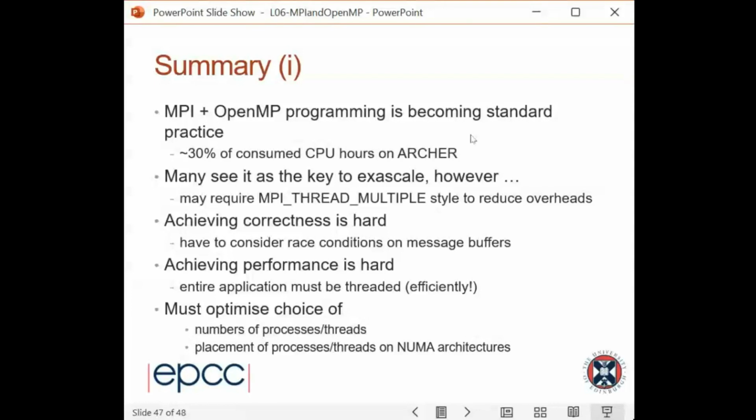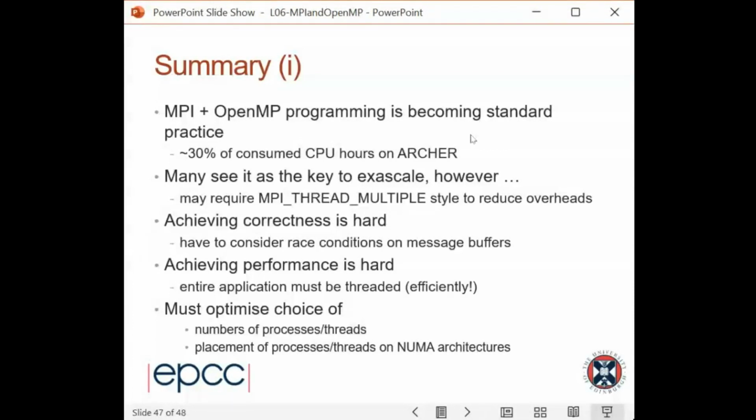A few years ago, many people were seeing it as the key to exascale, saying the only way to get to exascale is to reduce message overheads by overlapping and doing it at a very high scale with multi-threading. But this may require MPI thread multiple, and that may then adversely impact performance.